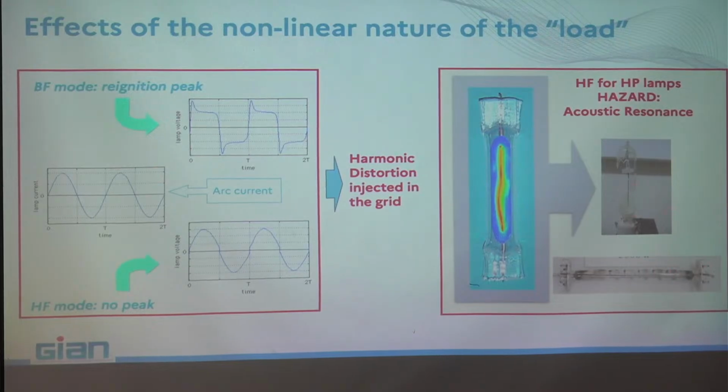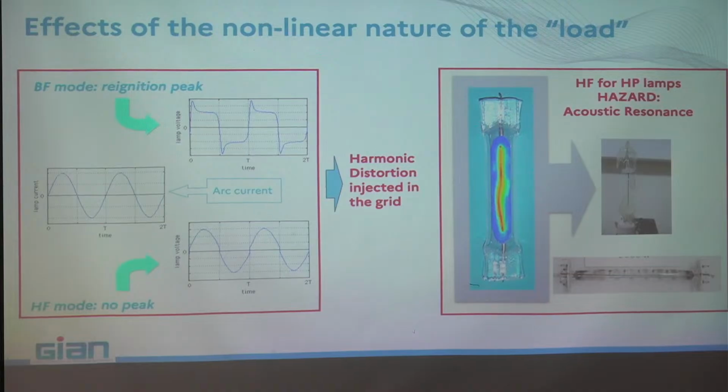But if you use ceramic, it doesn't like thermal shocks, and boom. And here this is a metal halide ceramic lamp with an external bulb. This was a 150 watt, small one, and we just supplied the lamp with the good frequency, or the bad frequency if you want.